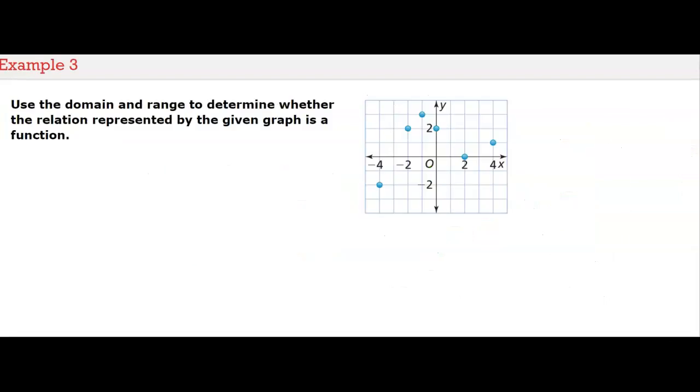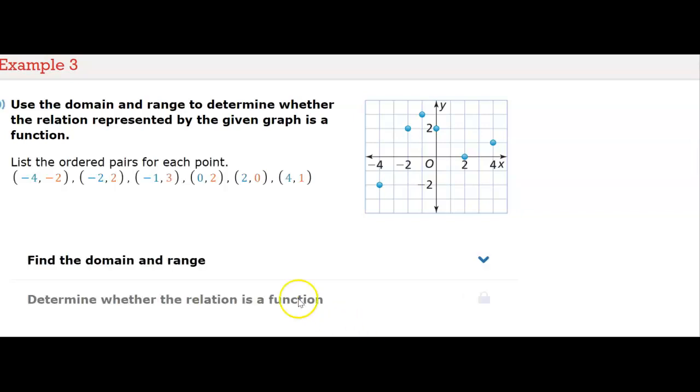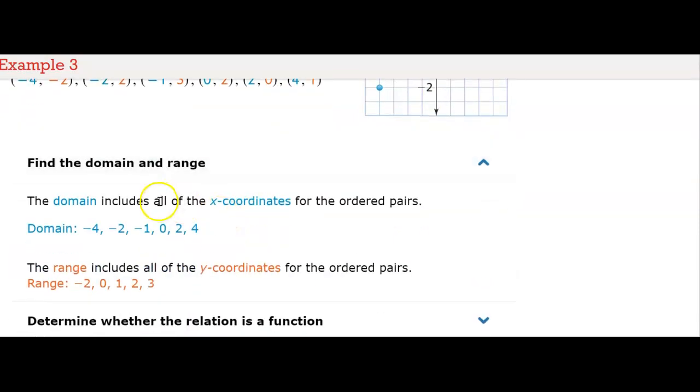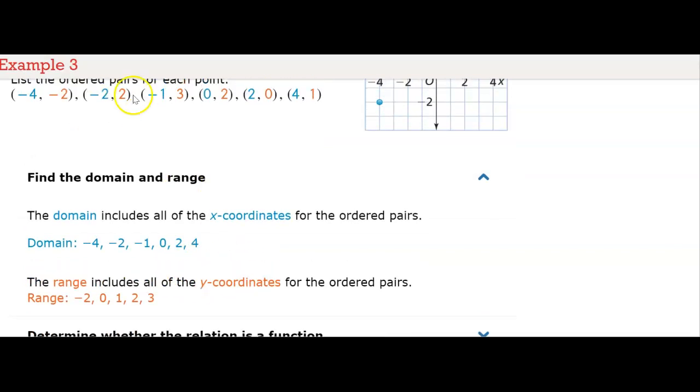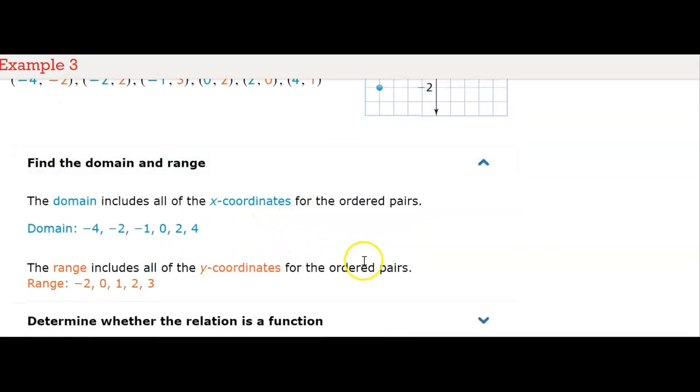Use the domain and range to determine whether the relation represented by the given graph is a function. Okay, so here are the ordered pairs for each of the points. The domain is the x coordinates and the range are the y coordinates.